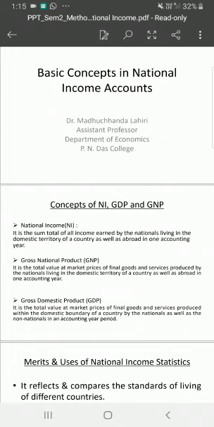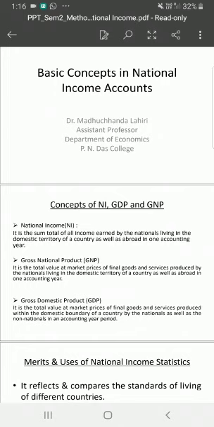So in both the areas, whether it's the domestic territory or the abroad, there are nationals as well as non-nationals living there. Now, when we consider the domestic product of a country, we take into account only the people lying within the domestic territory of a country. Whether that person is a national or a non-national is immaterial. He may be a national, he may be a non-national. But the point is that the person should be staying within the domestic territory of the country.